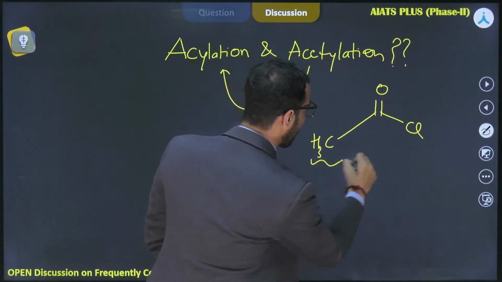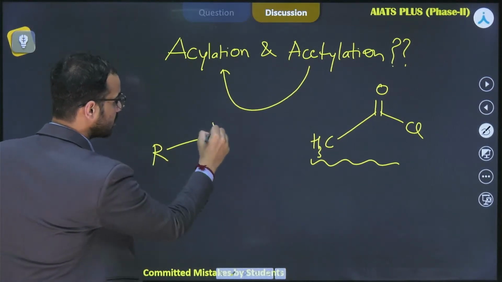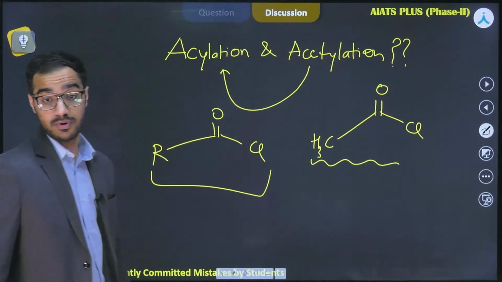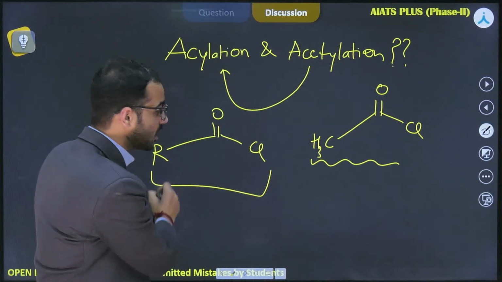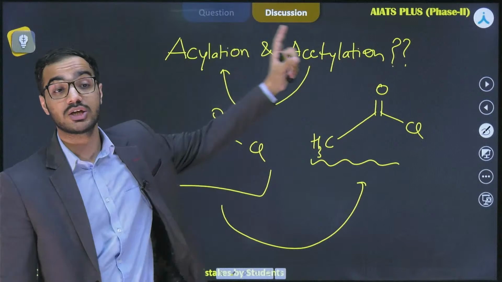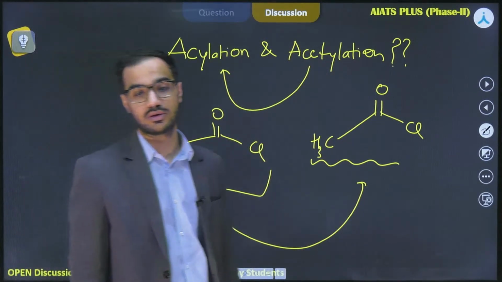This is the acetyl group, and you are reacting with something called R, C double bond O, Cl. This is the acyl group. We can say that if R is CH3, then acylation is acetylation, only if the R group is CH3.